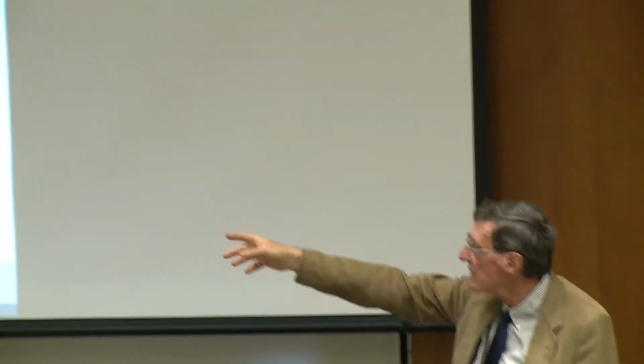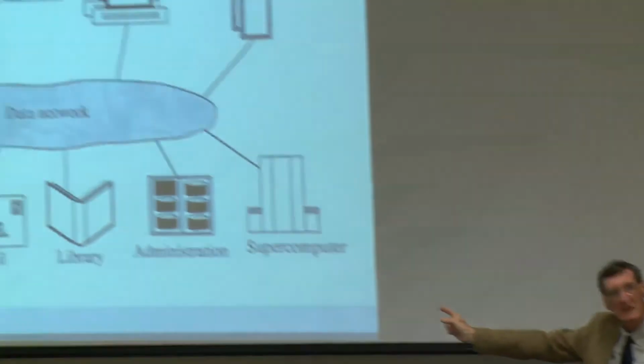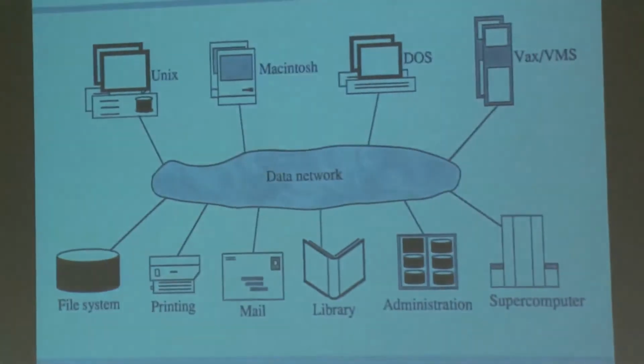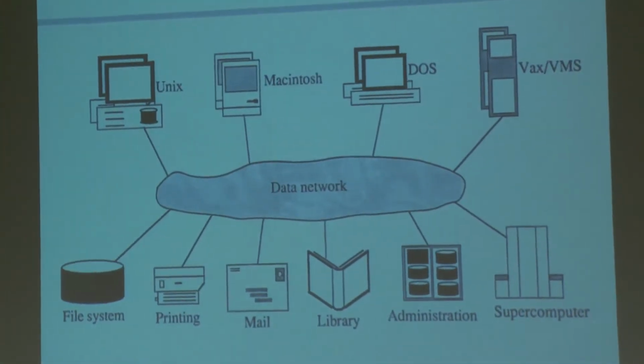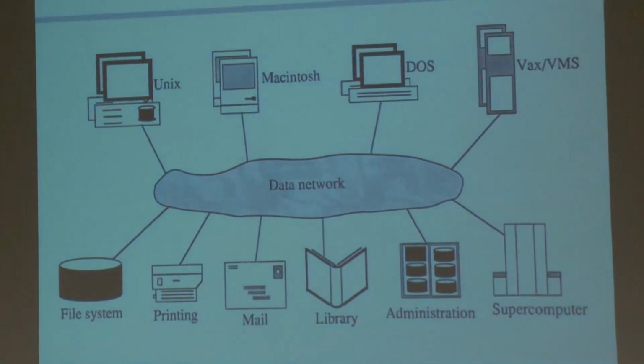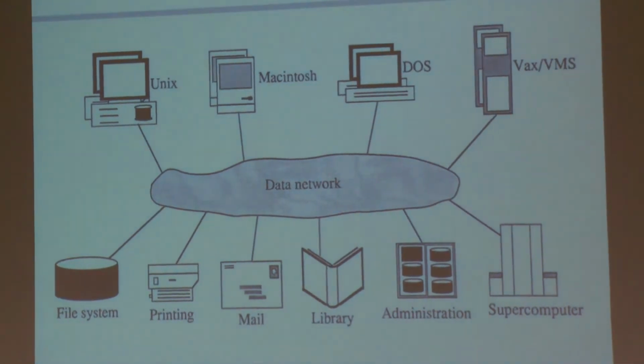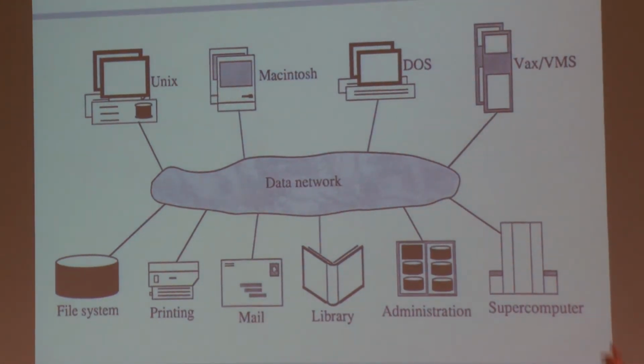But there are other things on this diagram. Along the top, we've added Macintosh computers, IBM computers running DOS, VAX VMS, that's the digital computers. On the bottom, we've put some totally different systems, the library system, the administrative computers, which were sort of big minis, and the Pittsburgh Supercomputing Center. So on the left-hand side, we've got the Andrew Unix integrated system.